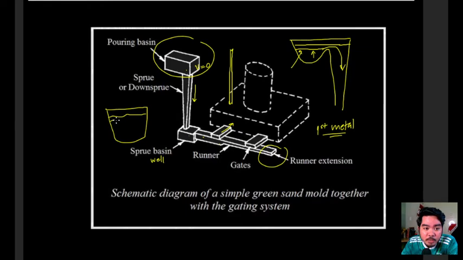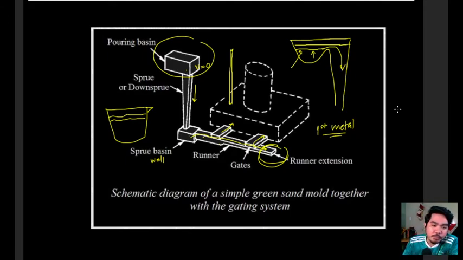Usually, yung impurities mag-fill kasi dito sa top portion. So, yung unang nakakast or unang napupur na metal is actually full of impurities. So, yung impurities, ang action lang ng runner is that since it's running towards this direction, makakat siya dito sa runner extension natin. So, this runner extension, nandyan yung mga impurities natin. Tapos, once na fill up na siya, papasok na dito yung clean metal natin.